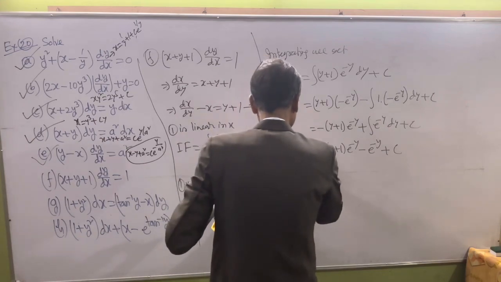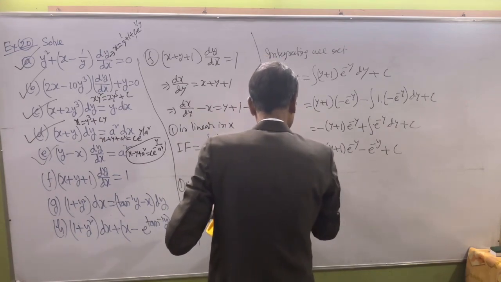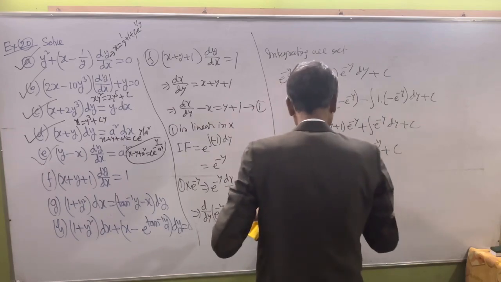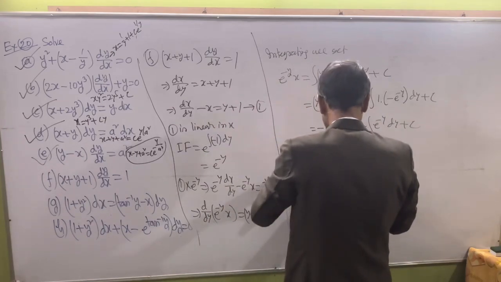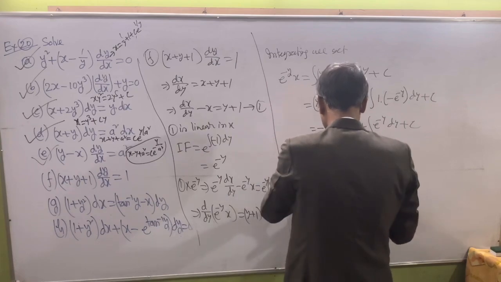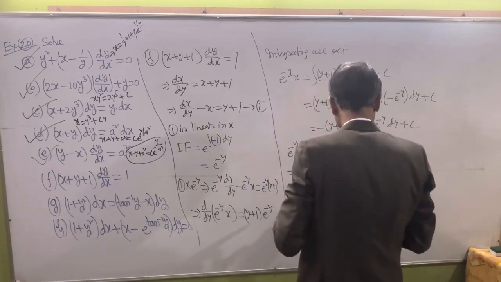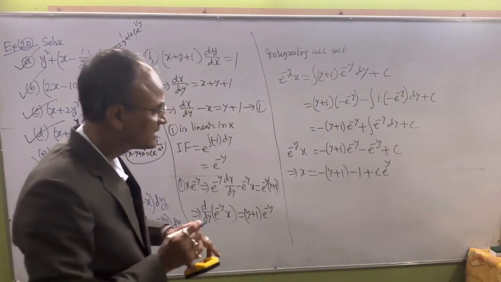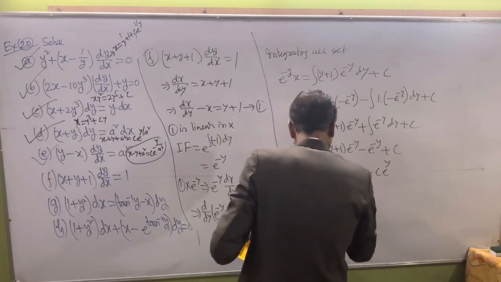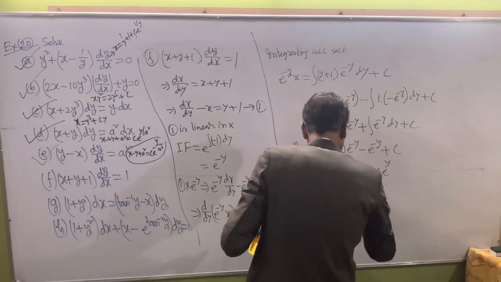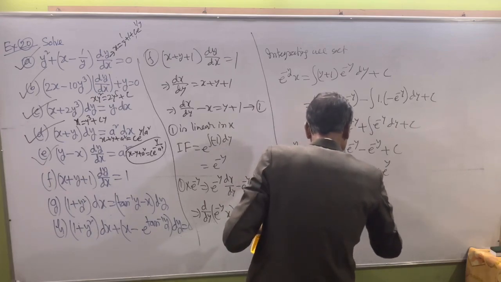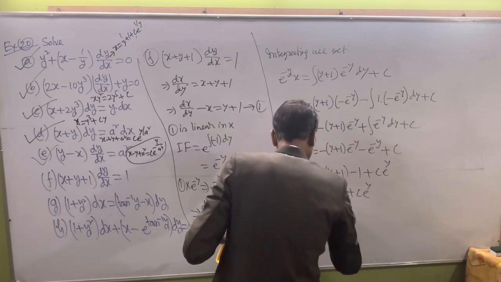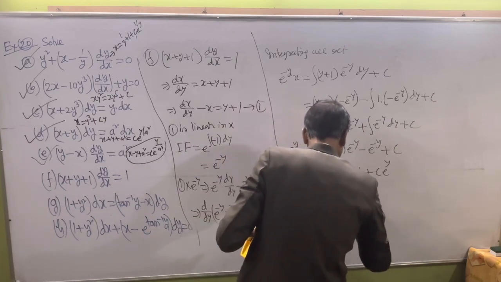And it will be e to the power minus y into x, or x equal to minus y plus 1 minus 1 plus c e to the power y. You may write like this, or this is equal to minus y minus 2 plus c e to the power y. This means x plus y plus 2 is equal to c into e to the power y.